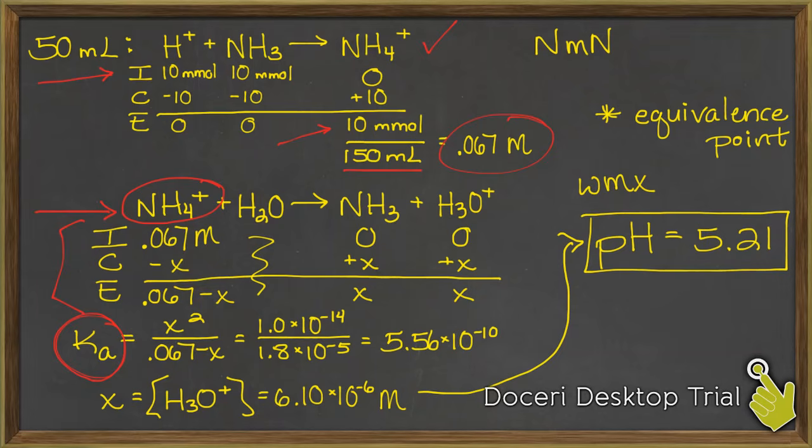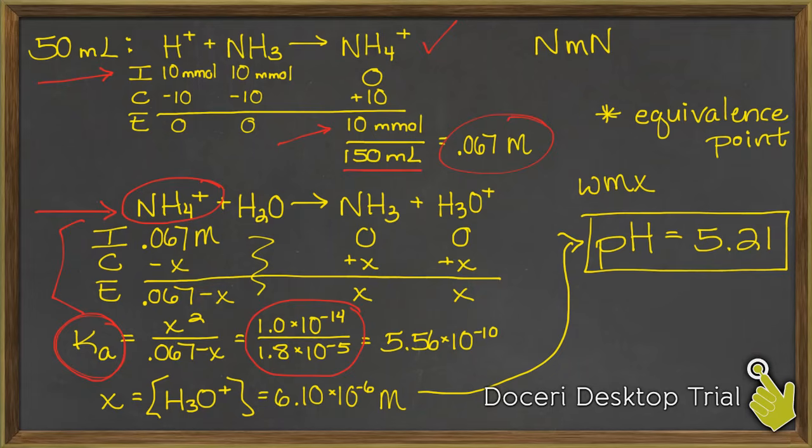We were given a Kb. So I had to change it into a Ka value. Okay. Then I was able to solve for X, which I could tell from my ice table was equal to H3O+, and I could use that to solve for the pH.